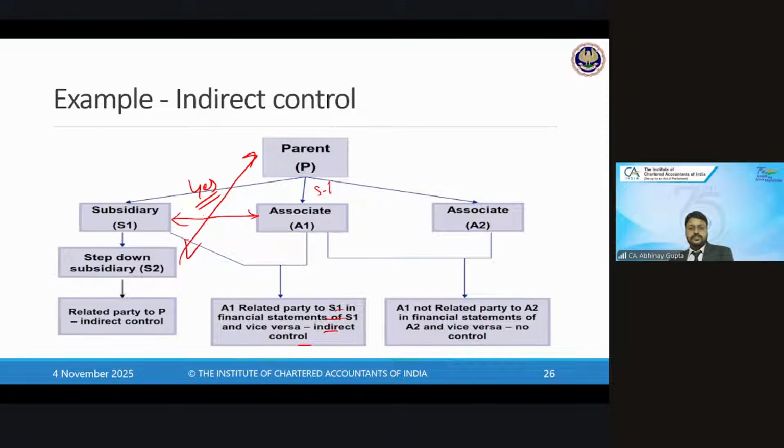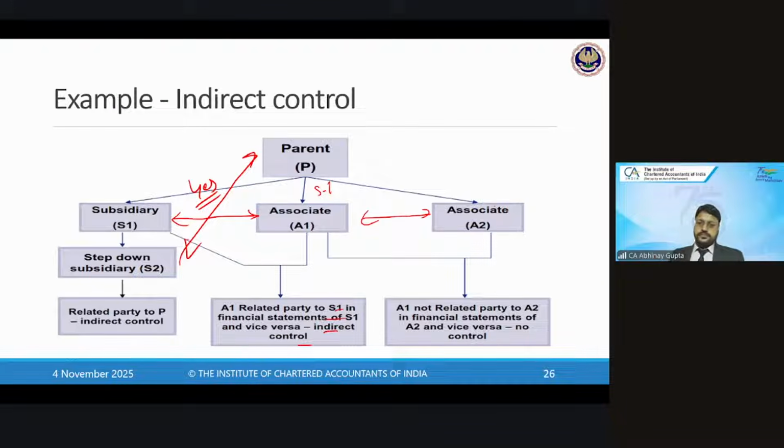Any doubts on this? Both are related to each other because subsidiary is related to associate and vice versa. Is that clear? Yes, because P is controlling S1 and P is significantly influencing A1. Now, A1 and A2 are related to each other, yes or no?